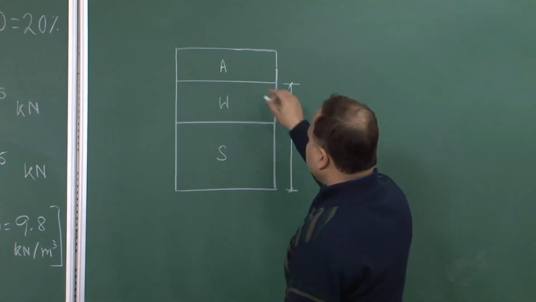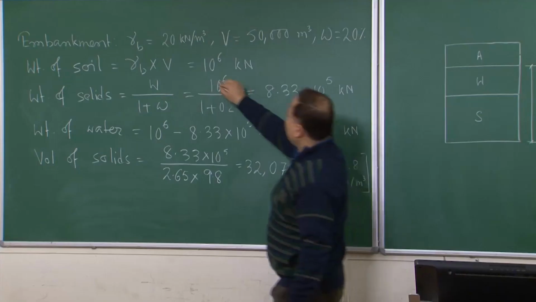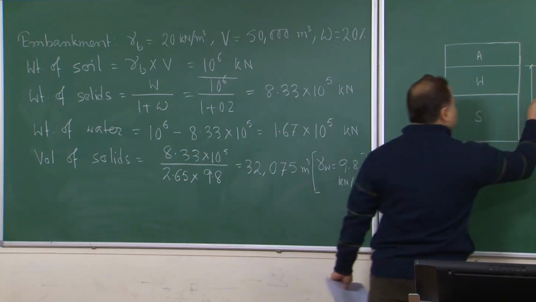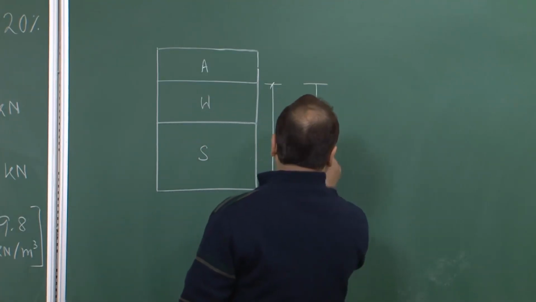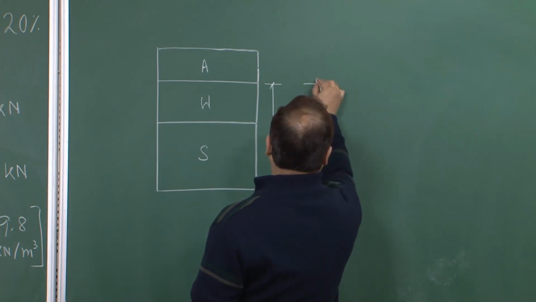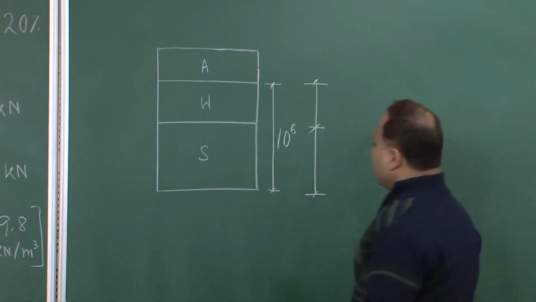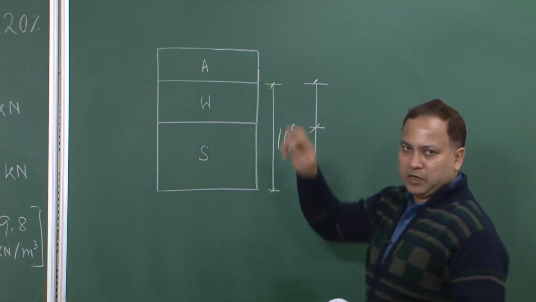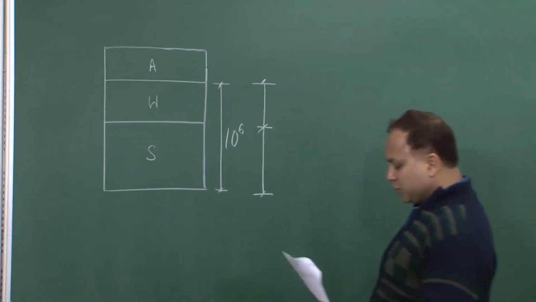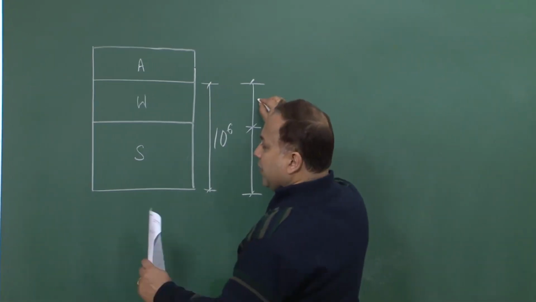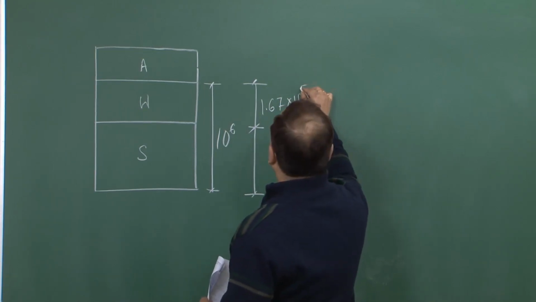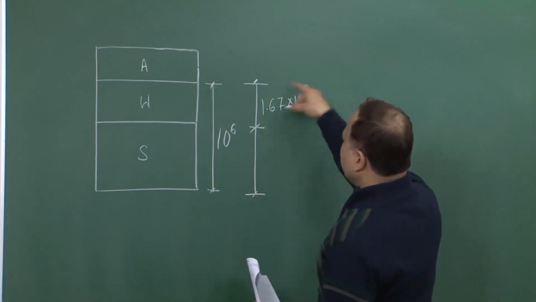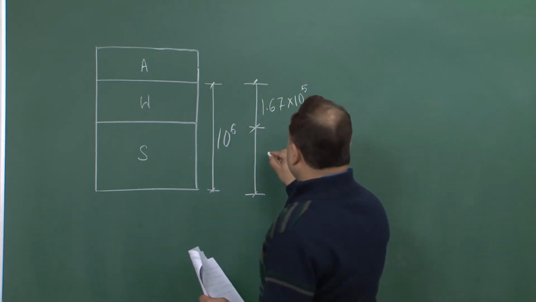The total weight of the moist soil was 10 to the power 6, where you have the separation for the water as well as for the soil solid. For water it came 1.67 into 10 to the power 5.